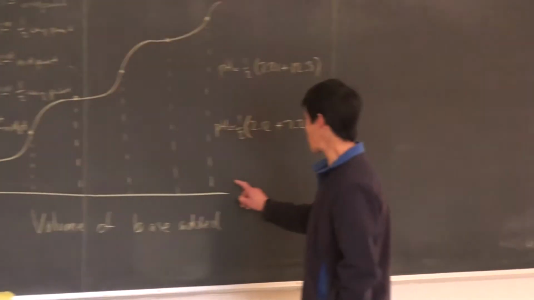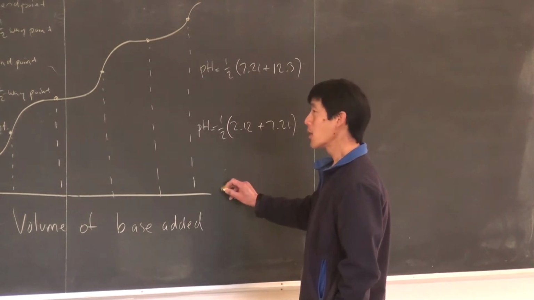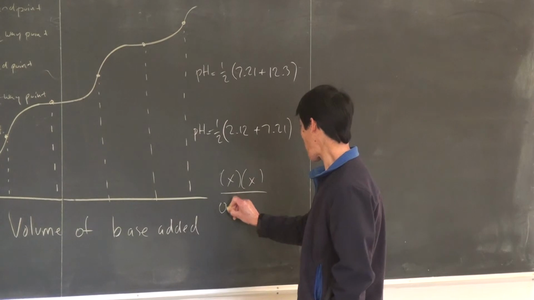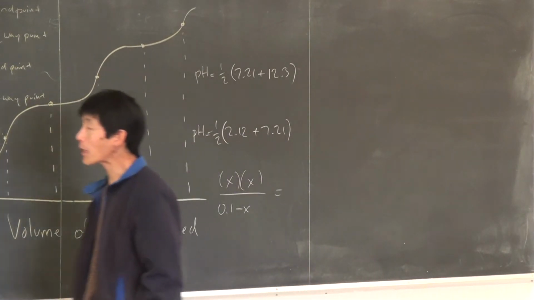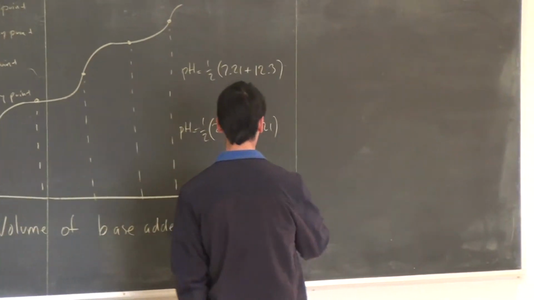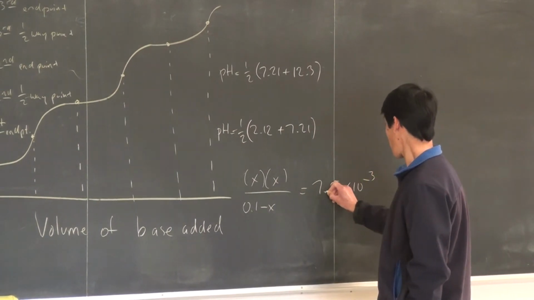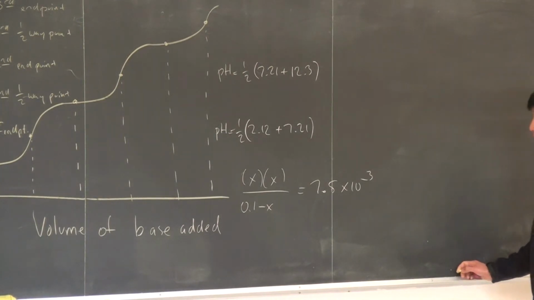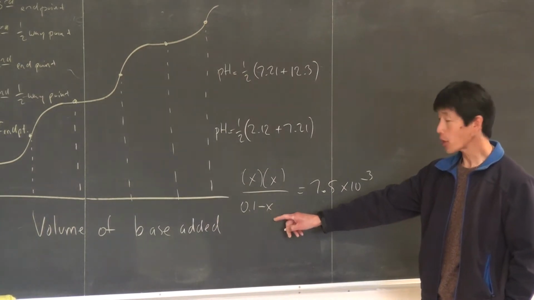So at the starting point, we have x times x divided by 0.1 minus x, and that's equal to Ka1, which is 7.5 times 10 to the minus 3. And can we use our simplifying assumption by saying that x equals 0 here? Yes, let's do that.